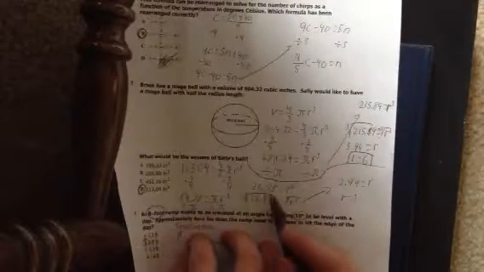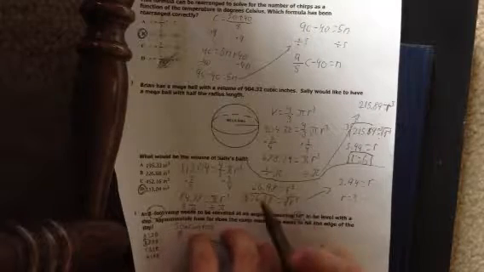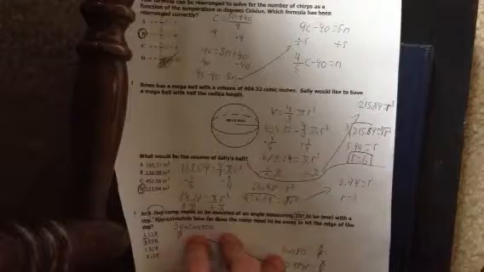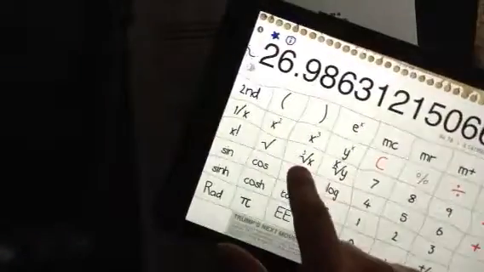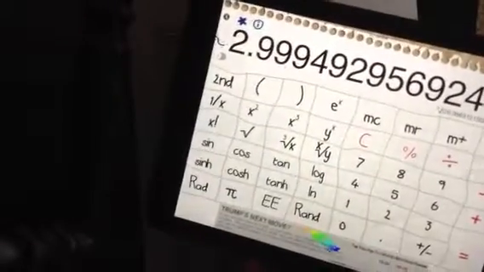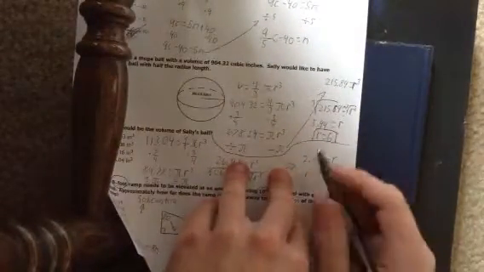So 26.98 equals r cubed. Now take the cube root of both sides. The cube root of 26.98 is 2.9994929, about 2.99, which is about 3.